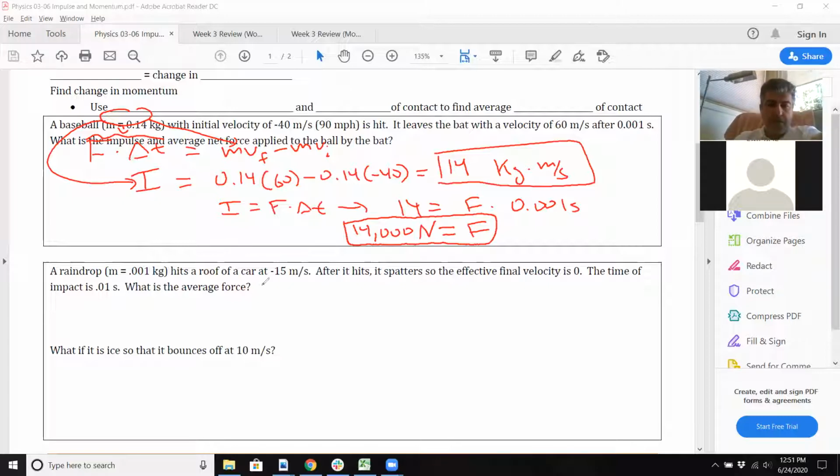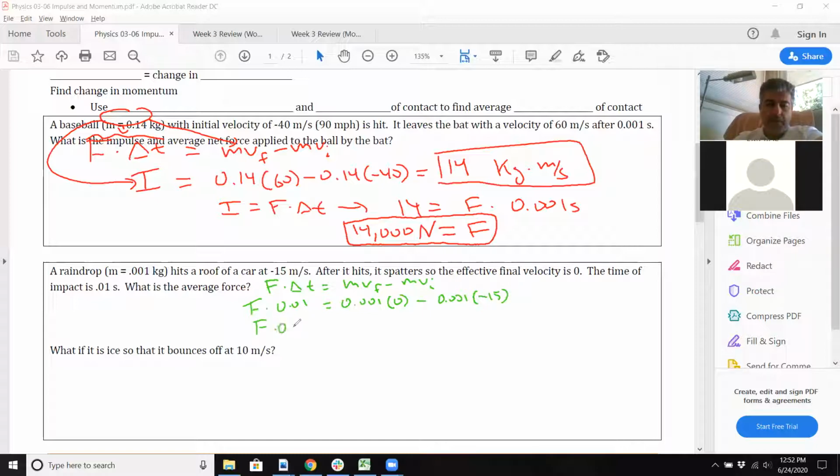So you're going to do this. Force times delta T equals mvf minus mvi. So your force times 0.01 seconds. Mass is 0.001 times the final velocity, which of course is 0, minus 0.001 times negative 15.